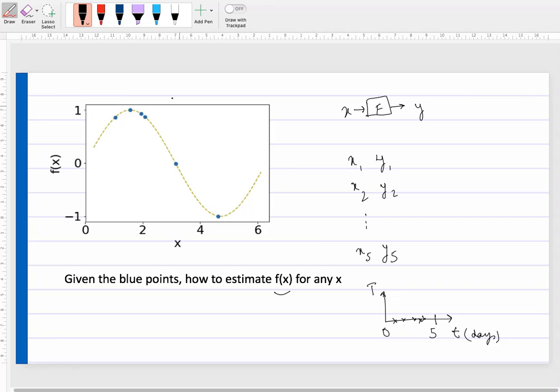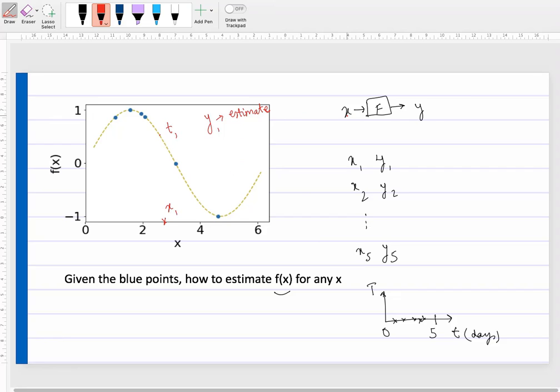So if I choose any x, let's say this is my x, x1, then this will be my target value, t1. And y1 is the estimate. It may or may not be the same as t.